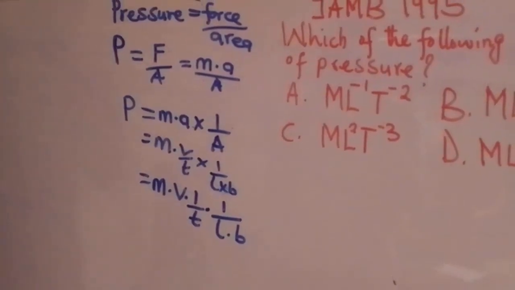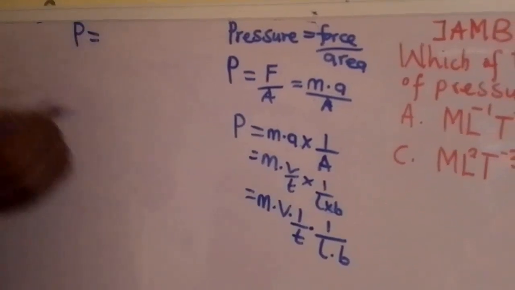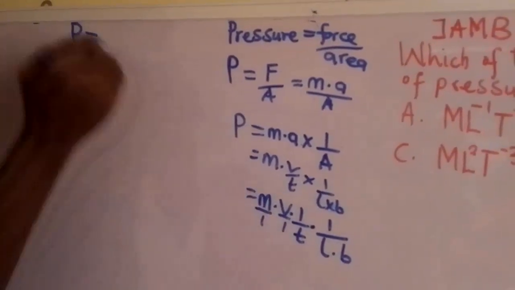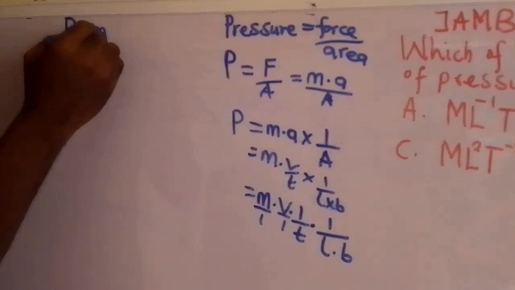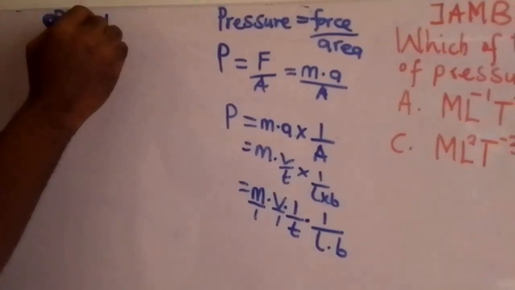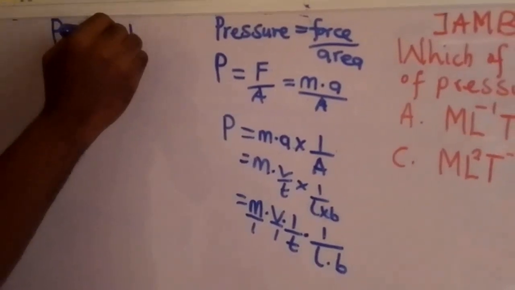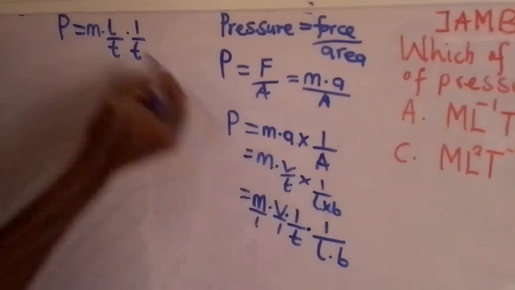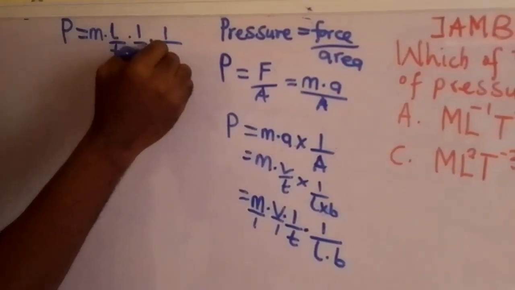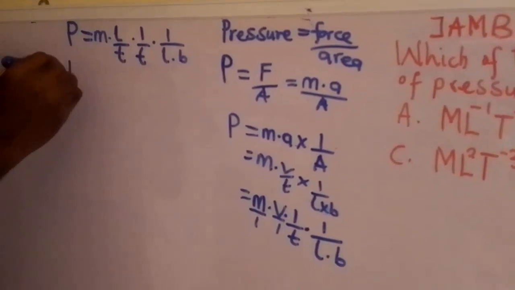Okay? Now let's continue here. Pressure equal to, this is over 1 over 1. Mass times, remember that velocity is distance over time. Multiply by 1 over time. I'm just lifting this one. Next thing.